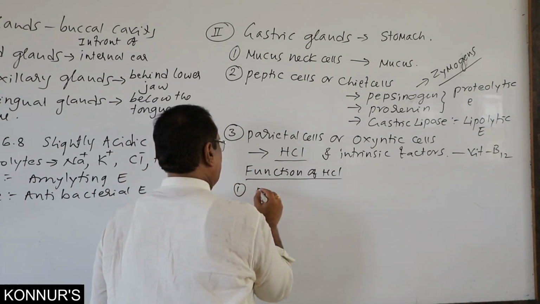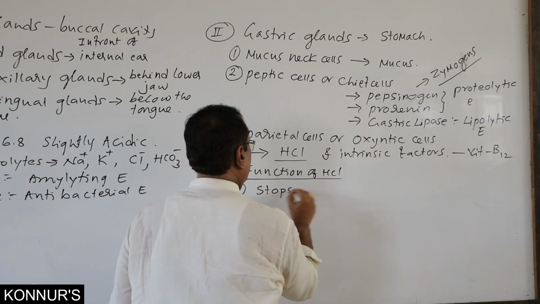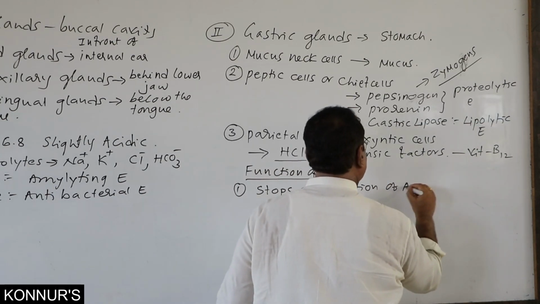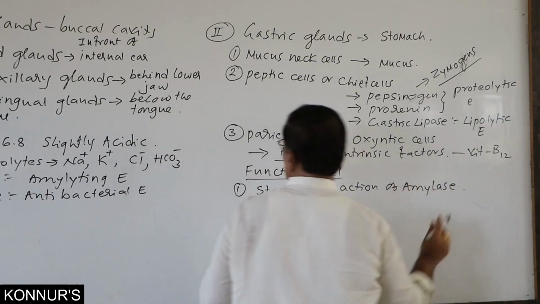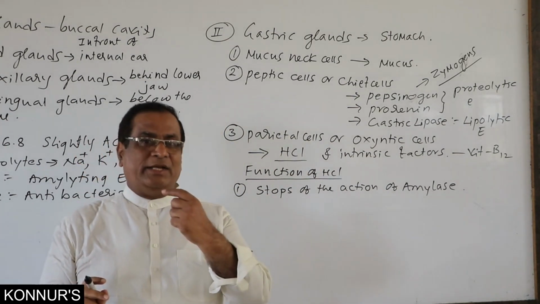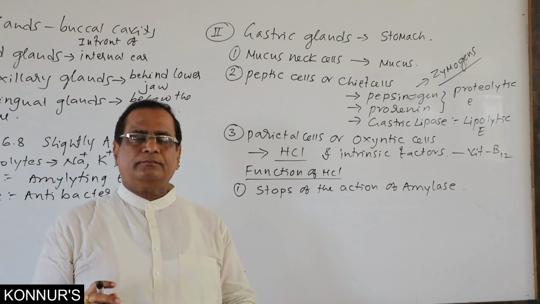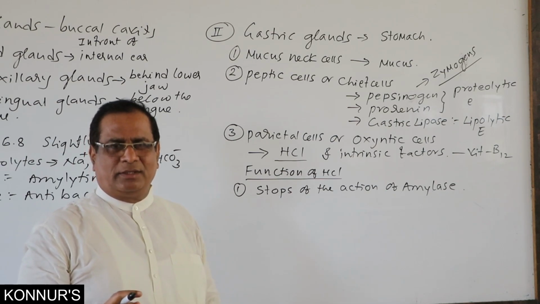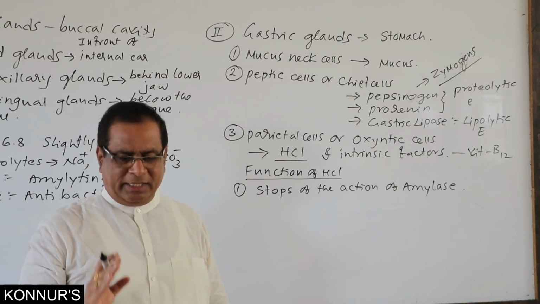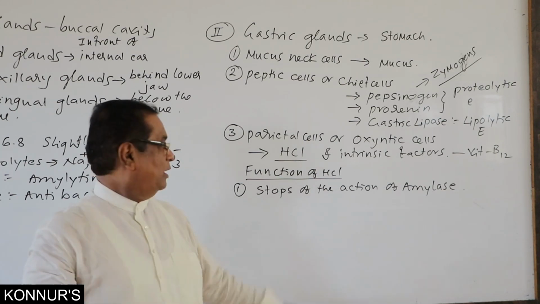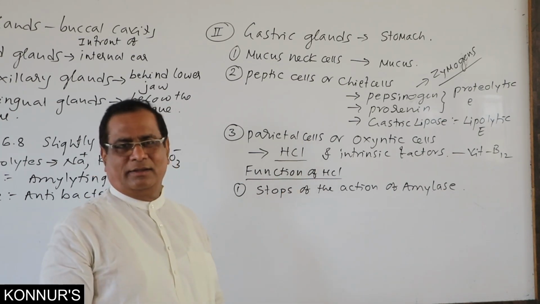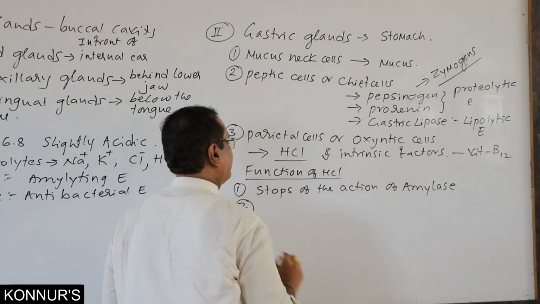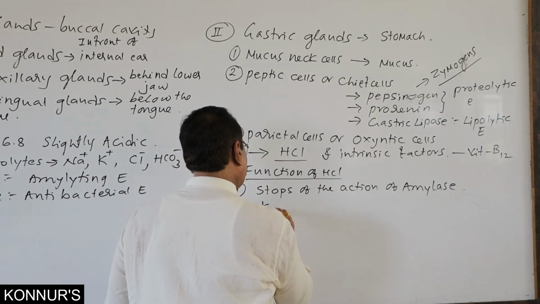First one is, it stops the action of amylase. Along with the bolus, food can come up to stomach. Even amylase of saliva comes to stomach. But as soon as amylase comes to stomach, its function is stopped. That is by HCl. It stops the action of amylase. And next is, it kills bacteria.